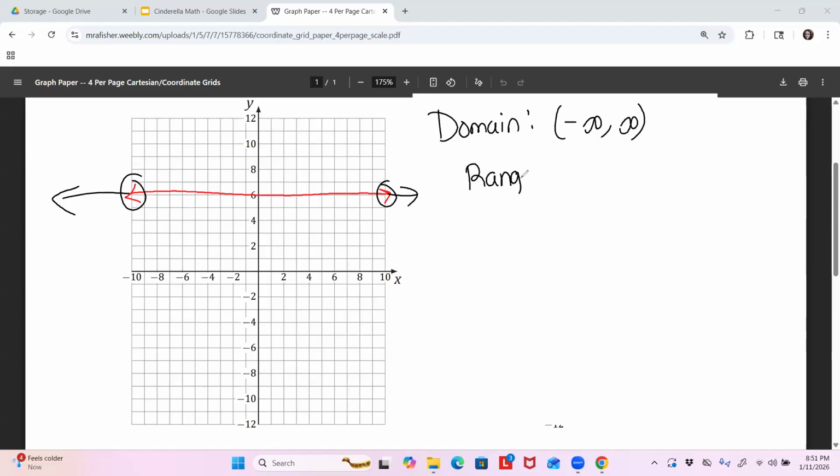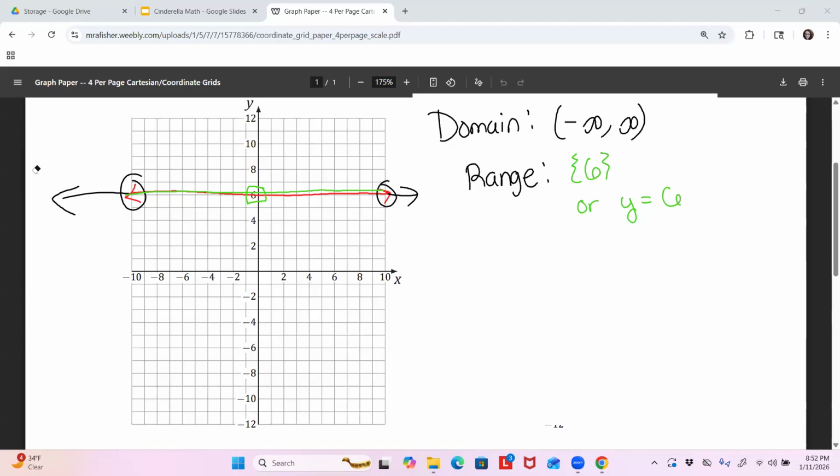Range, how low to how high? Well, it just stays flat. So what is that y value? Right there, it is on 6 the entire time. So you can just put 6 in its own little squiggly. Or you could just say y equals 6. It never goes higher than that. It never goes lower. Flat.